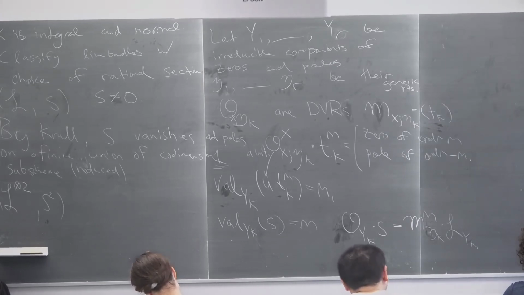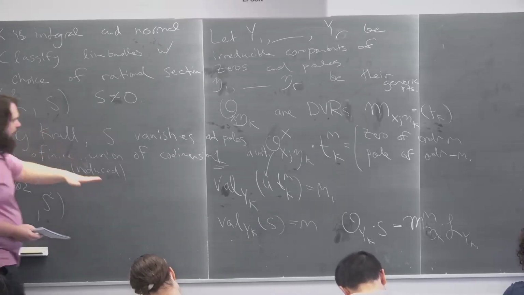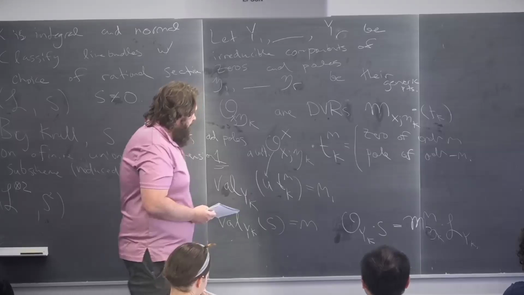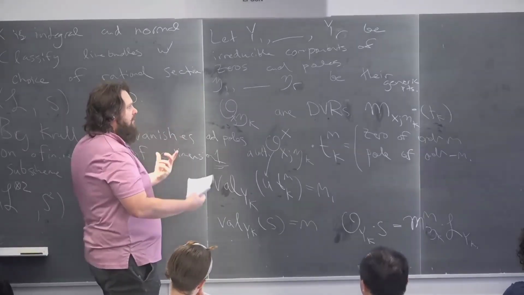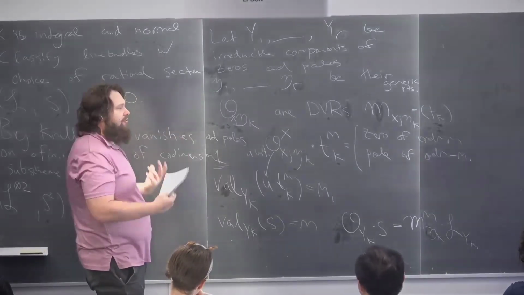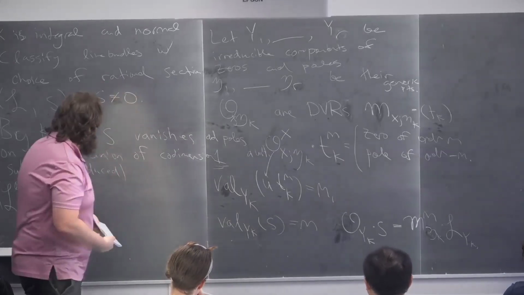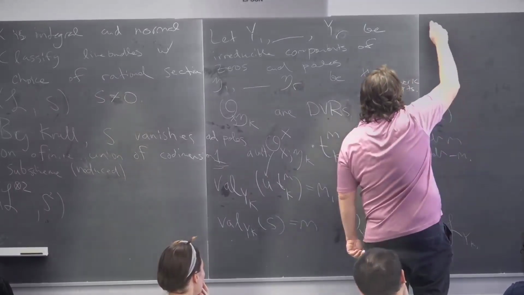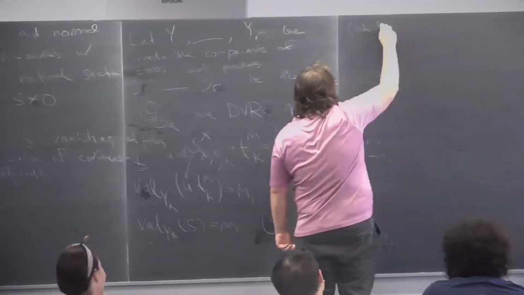So what this means is I can take my line bundle and my rational section, and look at the corresponding information of these subvarieties and the orders of vanishing and poles. What sort of thing is that? It's what's called a Weil divisor.